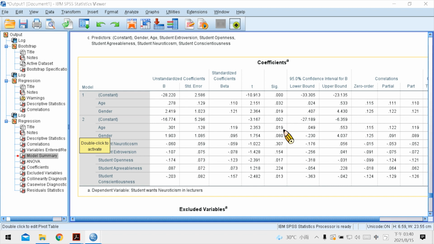And the coefficients, you see this age is significant, and the student openness is significant, and the student conscientiousness is significant. And the gender, and the student neuroticism, and the student extroversion, and the student agreeableness are insignificant.